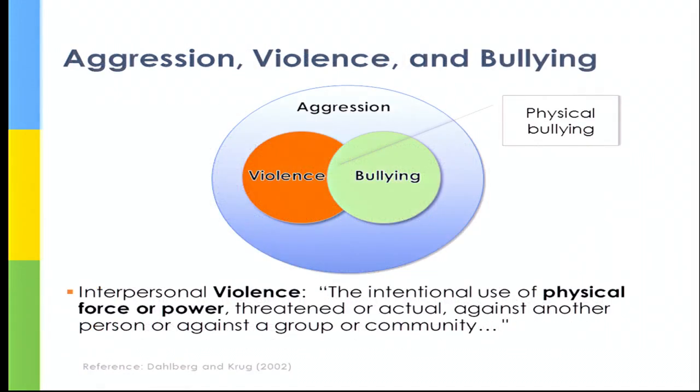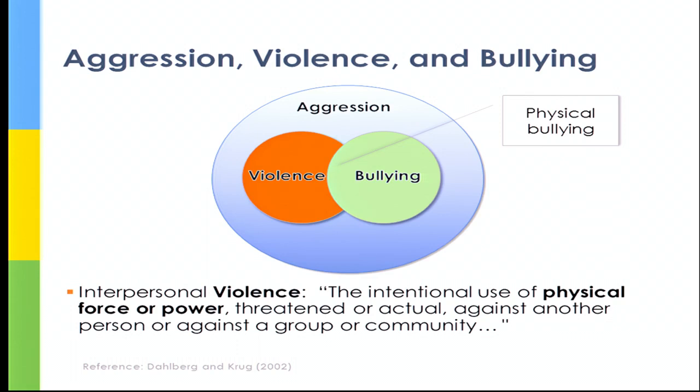Now, it may be useful to talk for just a moment about the relationship between aggression, violence, and bullying, as sometimes these terms are used interchangeably and often inappropriately. As I've mentioned, bullying, I think, is clearly a form of aggressive behavior. All bullying is aggression, but not all aggression is bullying.